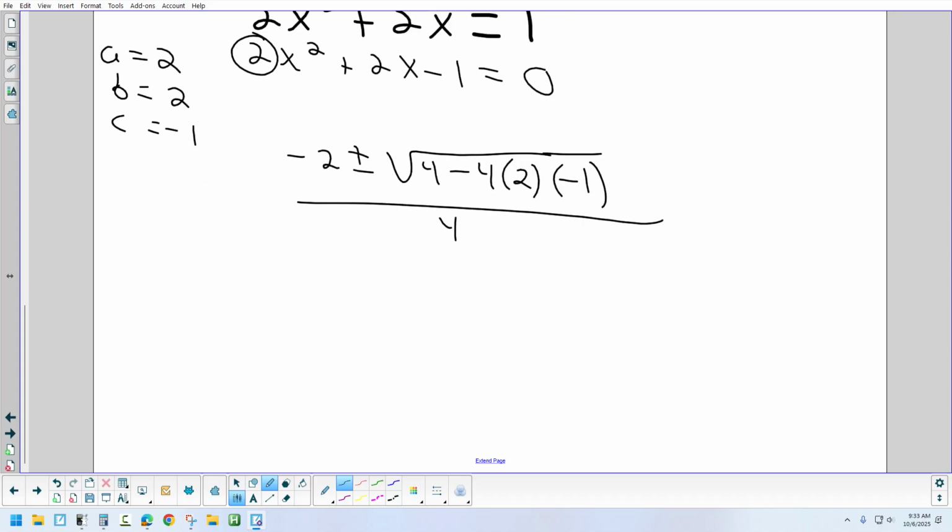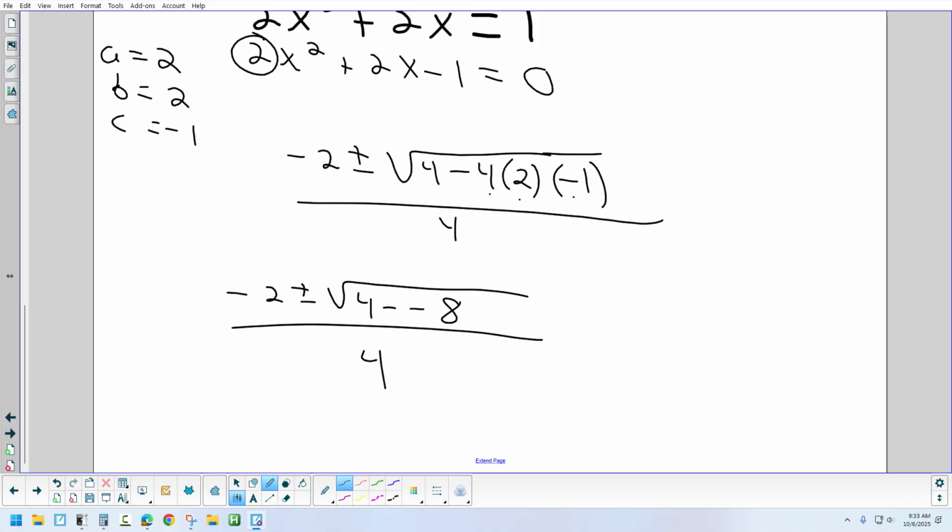Okay, so let's simplify that and see what we get. So we have 4 minus, what's 4 times 2 times negative 1? 8. Negative. Oh, I'm not multiplying the negative 4. That's a part of it.